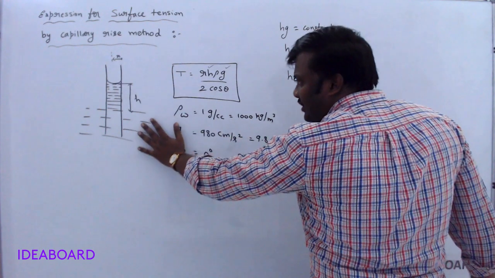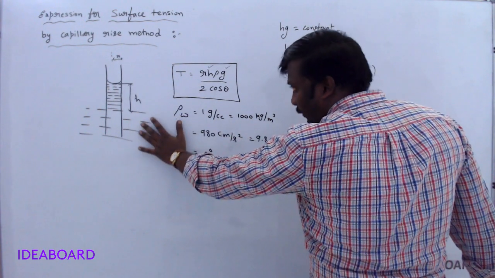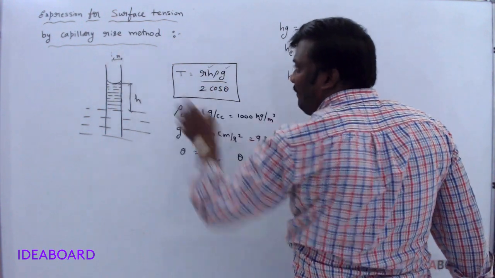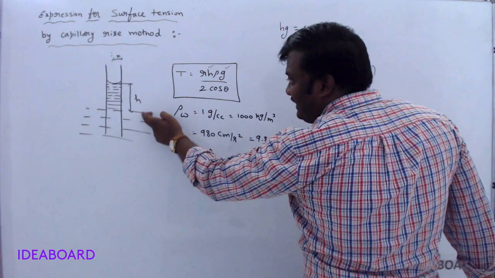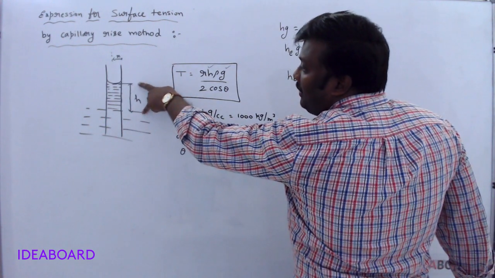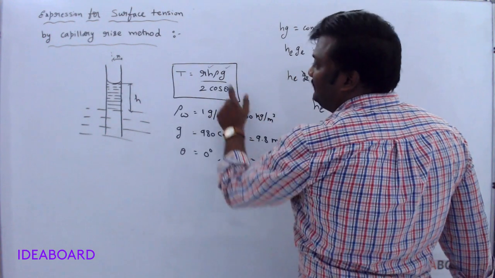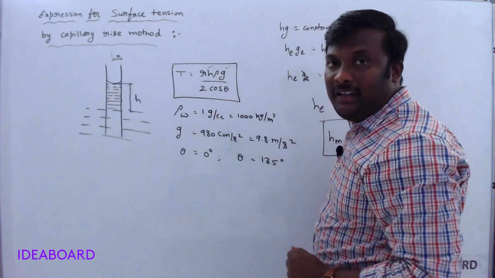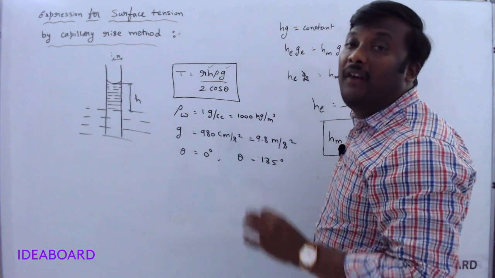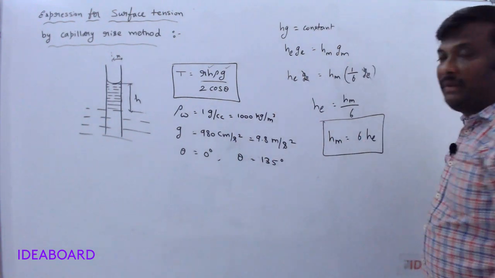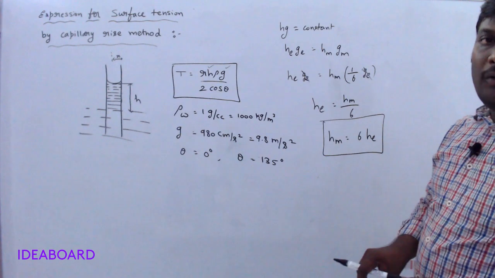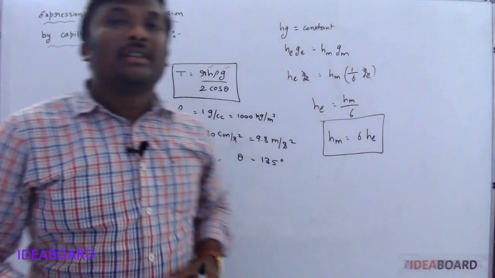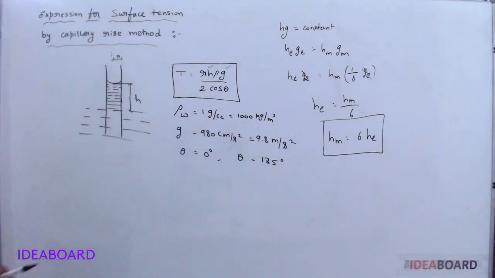T is the surface tension of the liquid. r is the radius of the capillary tube, h is the height from the surface to the bottom of the concave meniscus, rho is the density of the liquid, g is the acceleration due to gravity, and theta is the angle of contact. Clear now? Now based on this we are discussing some applications.